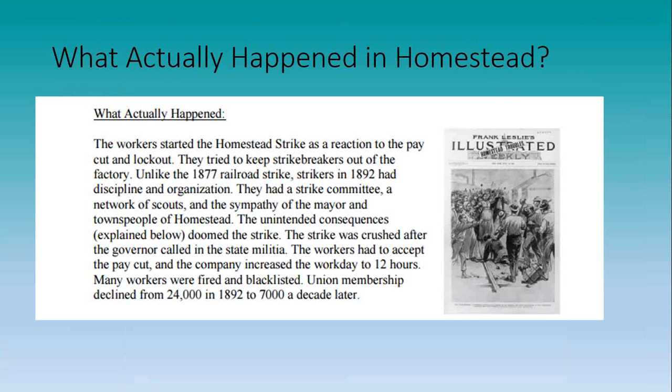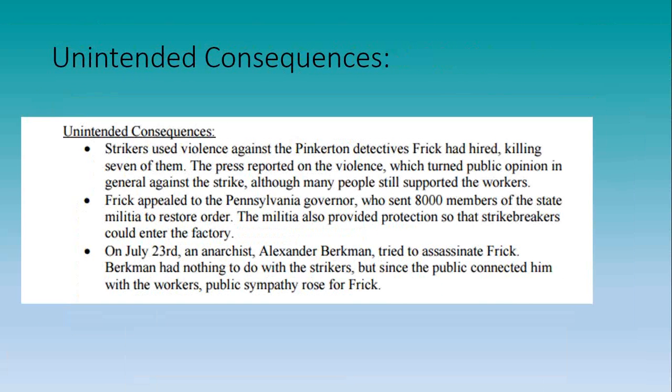So what actually did happen in Homestead? Well, they did go on strike, and the strike was going well until, yeah, you guessed it, violence erupted, and a number of Pinkerton men, who were like private detectives, were killed. And so now the governor is contacted, and the governor has to send in part of the state militia to get the situation under control.